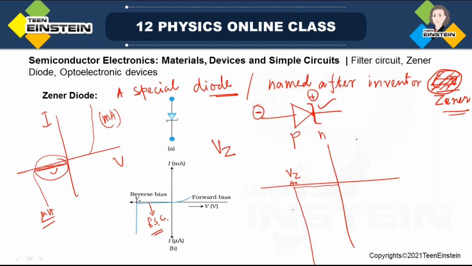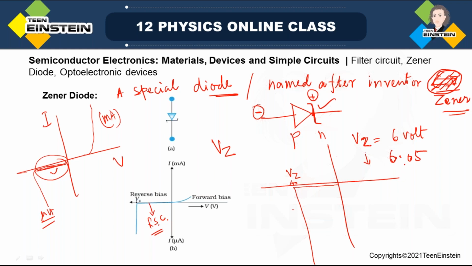In the sense, suppose you have a Zener breakdown voltage of some 6 volt. I am just supposing. If you increase the voltage from 6 to some 6.05, you will see a huge change in the current.